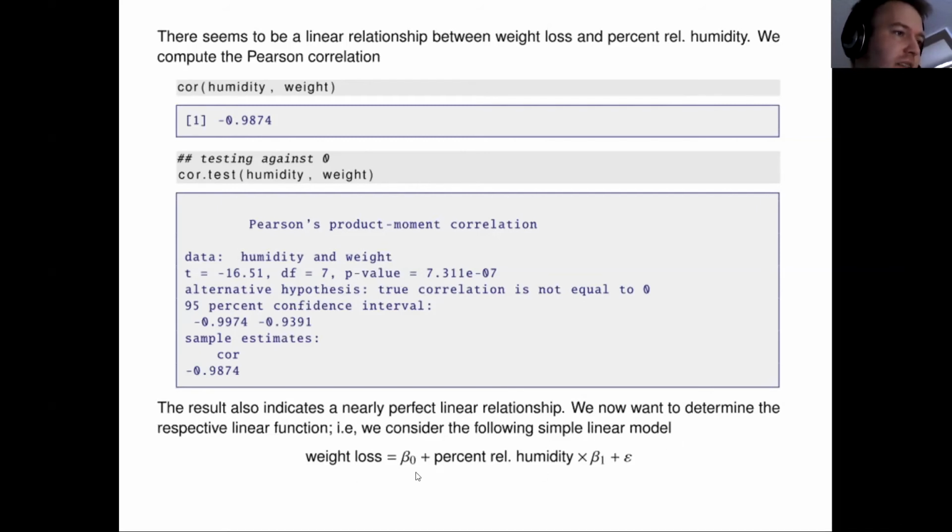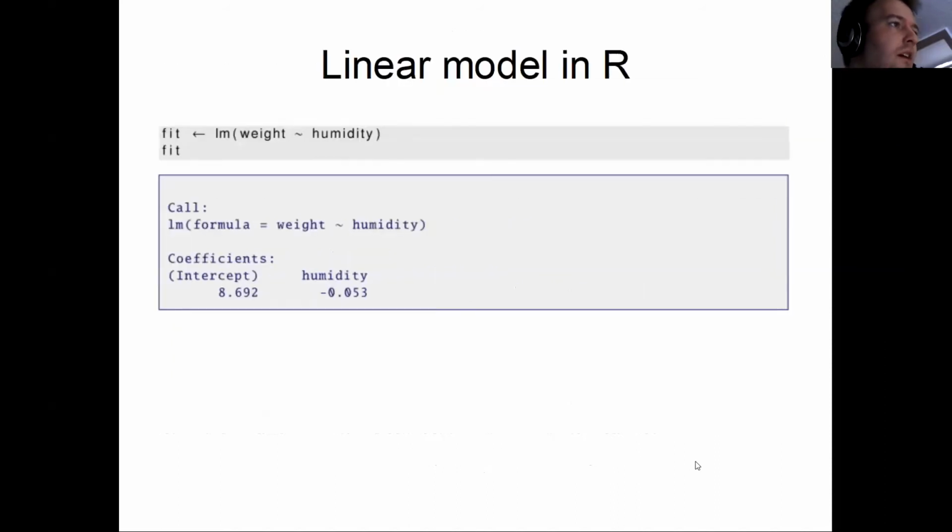We have weight loss shall be equal to this beta 0, the intercept, plus the percent relative humidity times this beta 1. Now we can do this in R very easily, actually. We just use this call to lm, which is the linear model, and this is our Y, weight shall be explained by humidity.